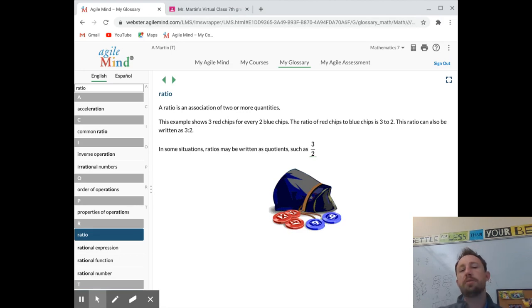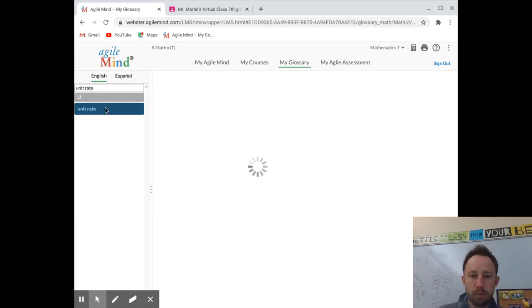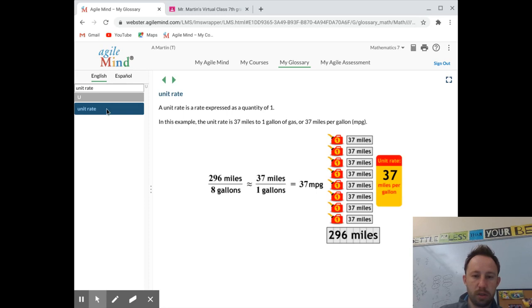So who can give me an example of a unit rate? Who remembers what a unit rate is? Like miles per hour. Correct. So it says that a unit rate is expressed as a quantity of one. So it says the unit rate is 37 miles to 1 gallon of gas, or you could say 37 miles per gallon.